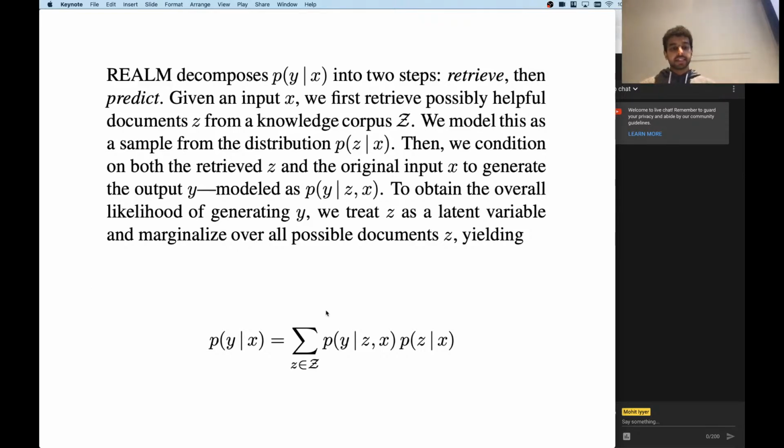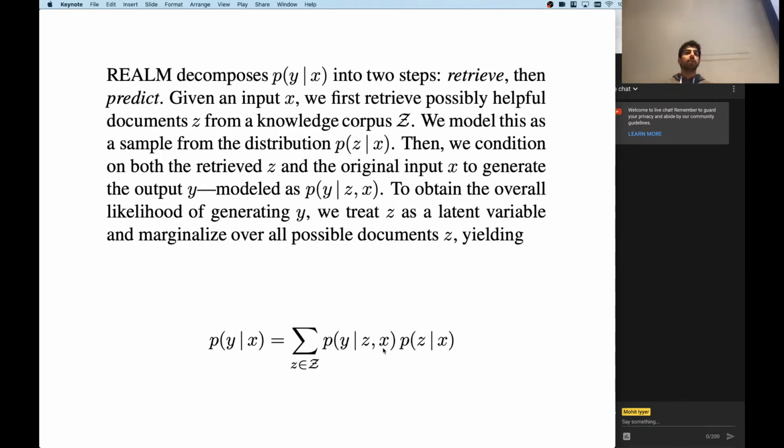You can see down here the probability of y given x is, and let's ignore the summation for now, given that we've retrieved article z or paragraph z from our initial masked out context, we model this probability p of y given z and x.